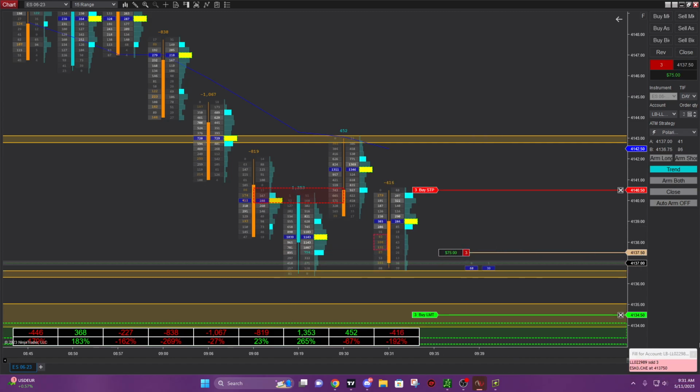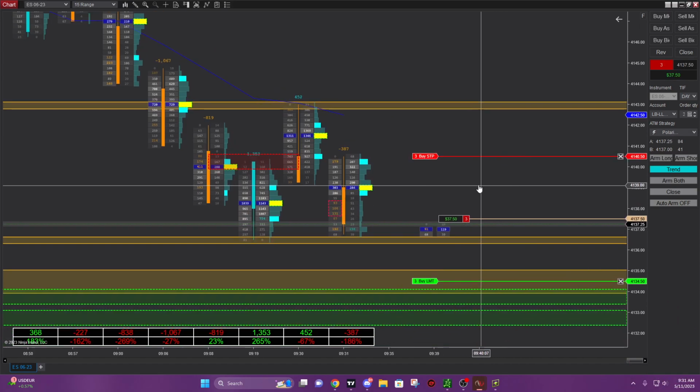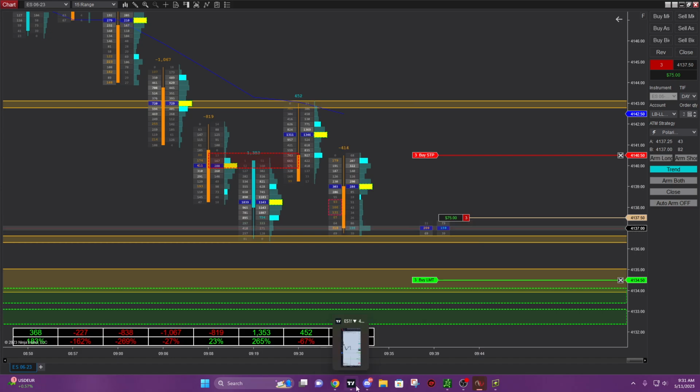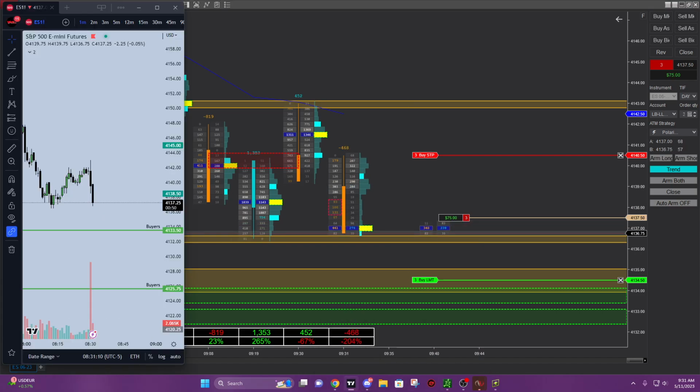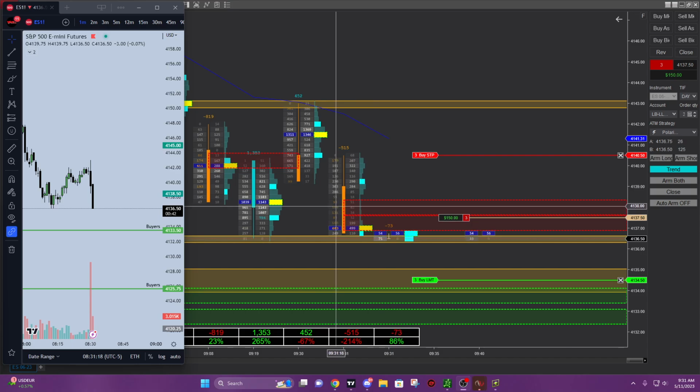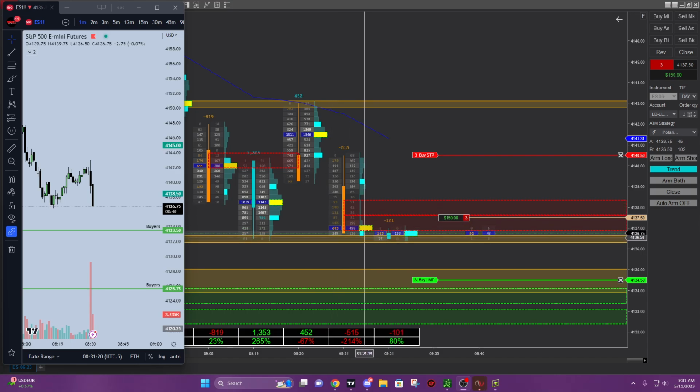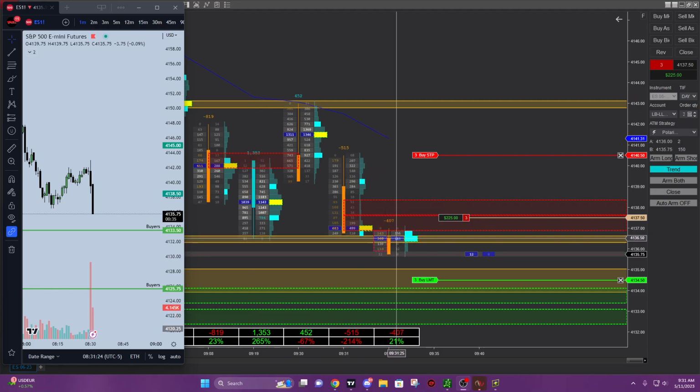Order filled. There's our first fill, towards the bottom of this zone, right? Towards the bottom of the zone, we have absorption up here, absorption here. So we're at the absorption.